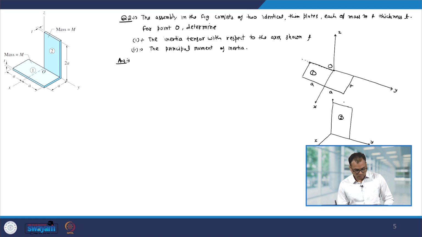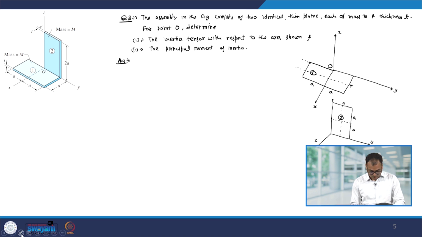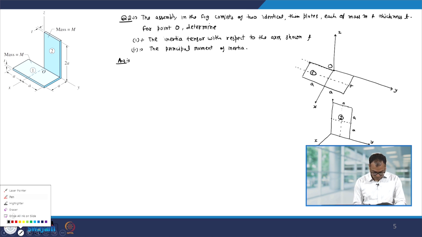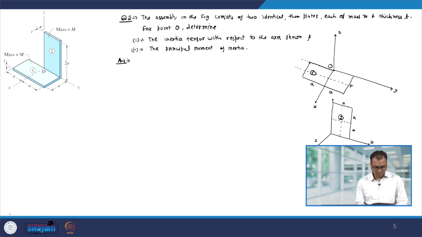So, this is also a, this is also a, and that is also a. Okay. Now, let us find the moment of inertia and product of inertia for plate 1.